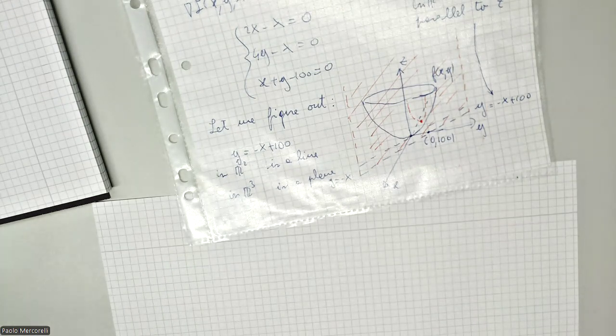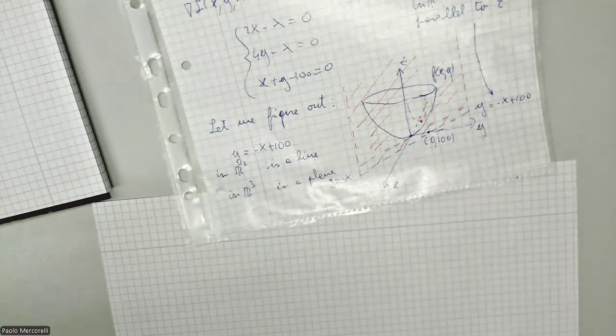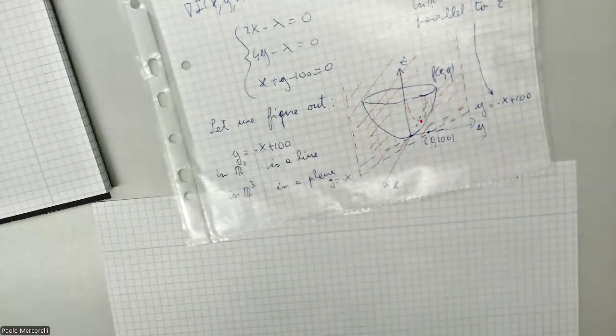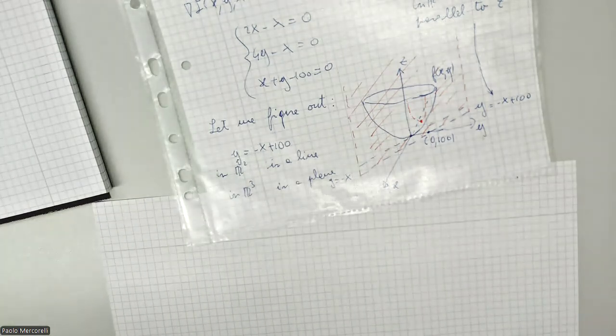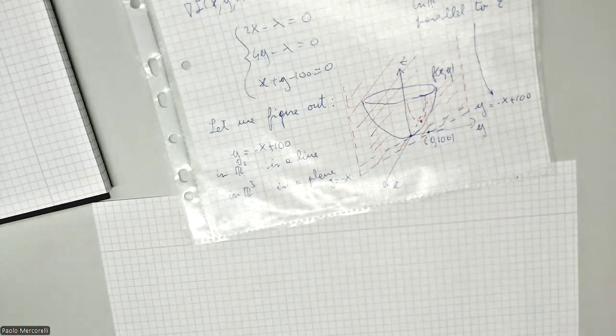Now, do you remember I told you this? It's not confusing if I think that y plus x equals 100, or y equals minus x plus 100, in 2 dimensions is the line.